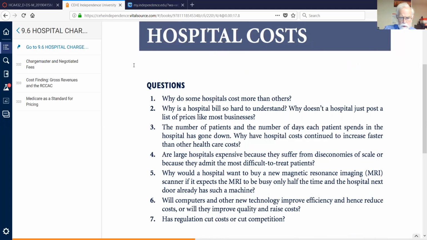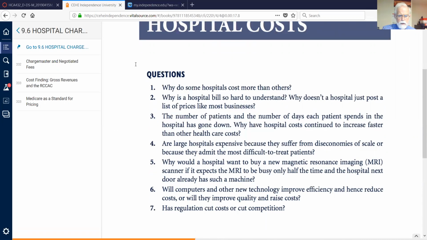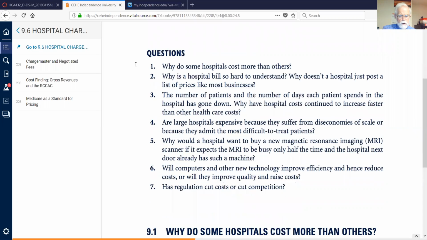One is technology, another is the actual construction and use of hospitals is very much modifying, and we're seeing a lot of changes in the way they're run. So let's look at just a few of these issues here, which is why some cost more than others.